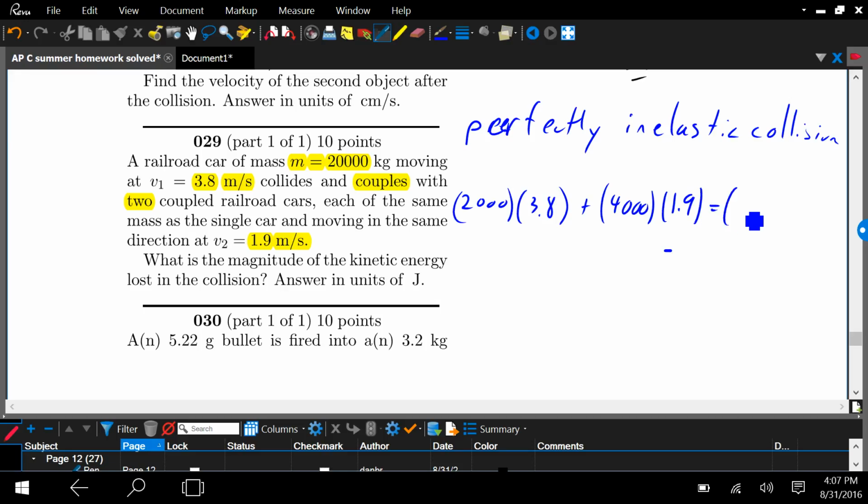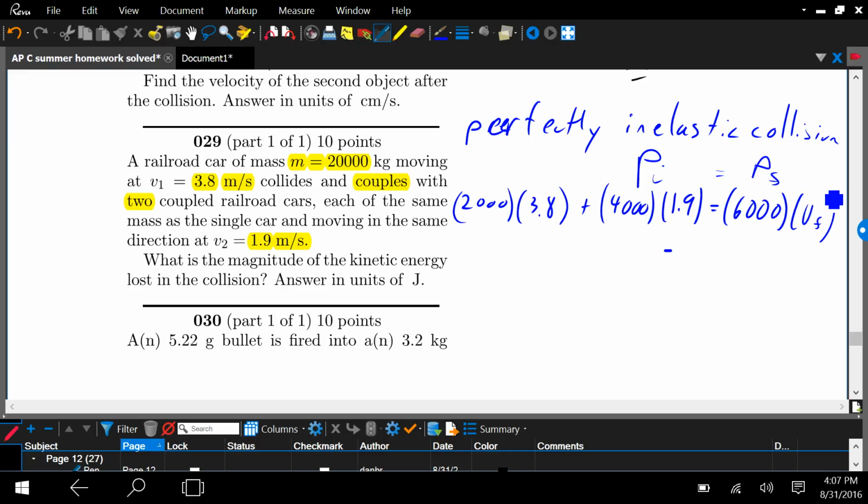Altogether, they're going to couple and stick together and become one big fat 6,000 kilogram mass at some final velocity. That's a pretty straightforward one equation, one unknown that came from our idea of momentum before the collision equals momentum after the collision.